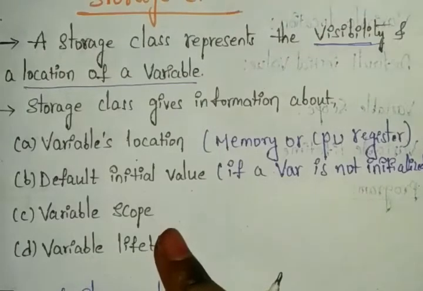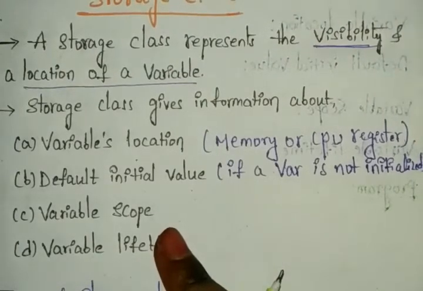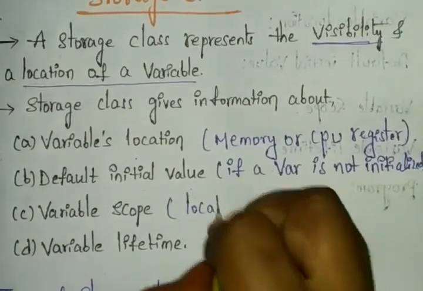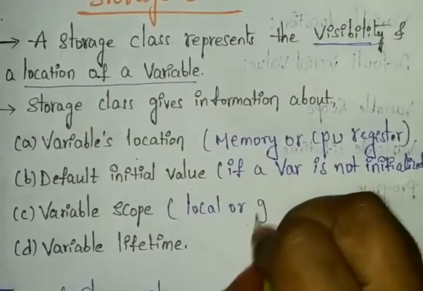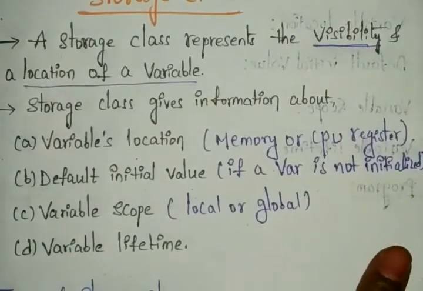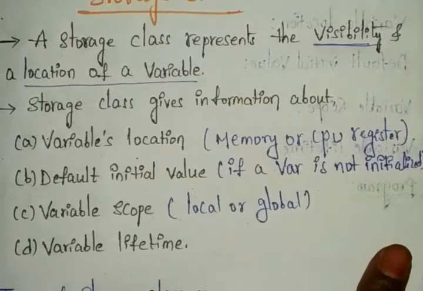Scope means whether it is local or global. Local means inside the function, global means outside the function. And next we have the variable lifetime.